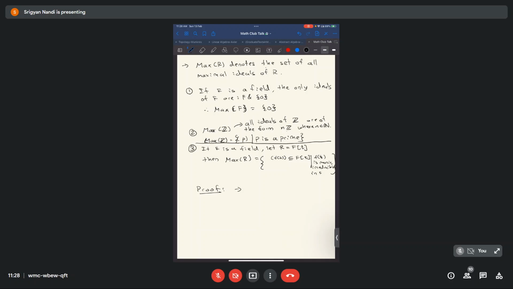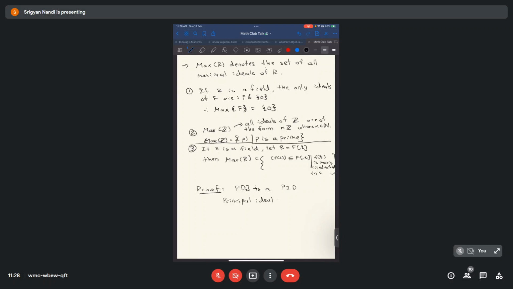So first we claim that F[t] is a PID. Although I think you were introduced to what a PID is before, let's just recap. A principal ideal is an ideal generated by a single element.